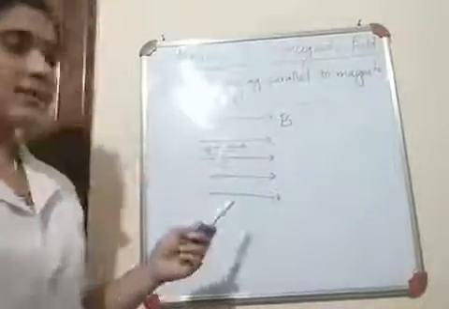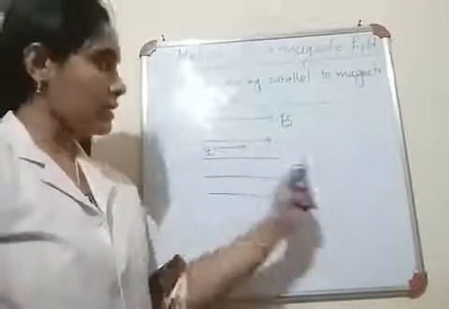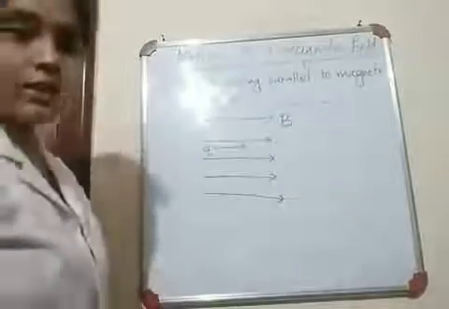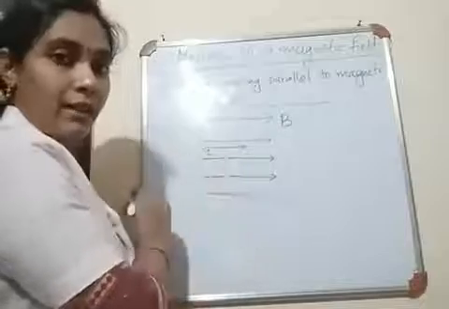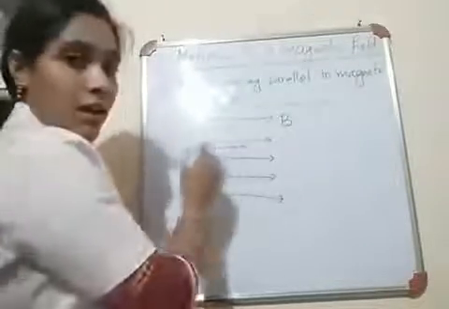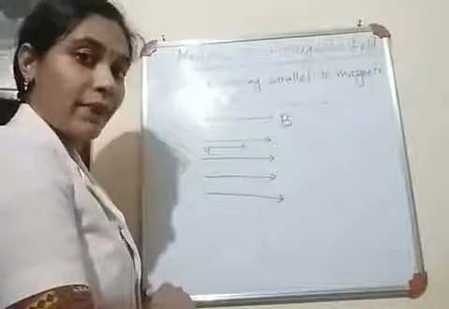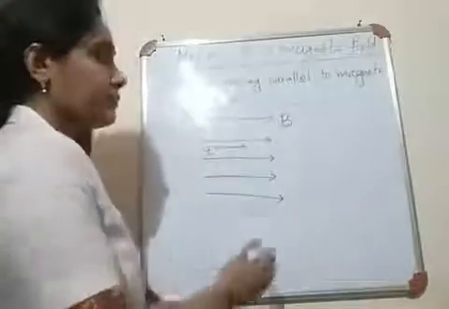Children, here consider a magnetic field acting along this direction. So this is the direction of the magnetic field. Now consider a charged particle Q that has entered this magnetic field along this direction. So this is the direction of motion of the particle. What will be the direction of velocity of the particle?